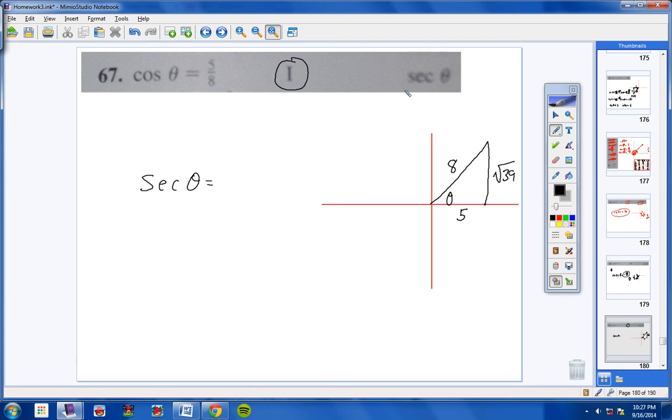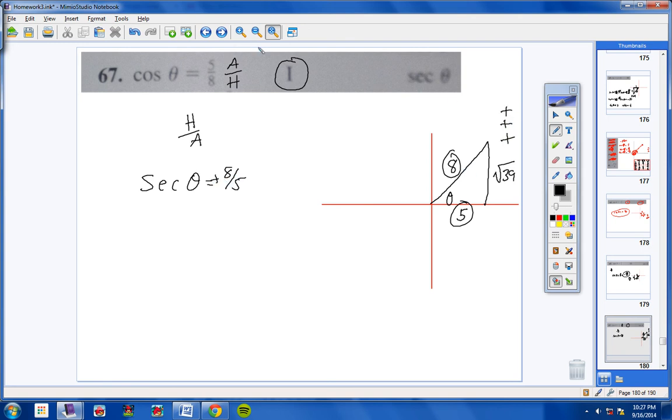So if the cosine of theta is 5/8, then the secant of theta is going to be 8/5. But I'll still go ahead and finish it for you. Cosine is adjacent over hypotenuse, and so secant would be hypotenuse over adjacent, which would be positive 8/5. We know it's positive because we're in the first quadrant, and everything is positive over here.